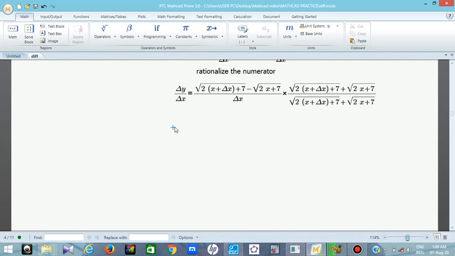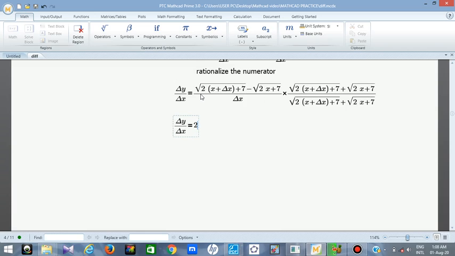So we are going to get our delta y divided by delta x now equals 2, which is this. Now we are using difference of two squares, so you square this.